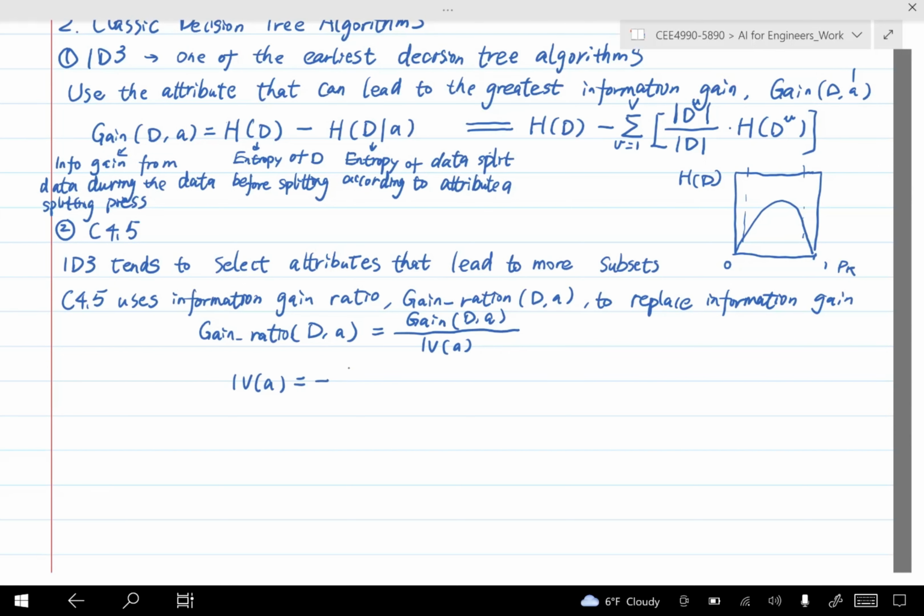It's a summation over all the subsets, from subset 1 to subset capital V. This parameter is calculated based on the numbers of samples in different subsets. Dv, the number of samples in the v-th subset, divided by D, the total number of samples in the data set before splitting, times log to the base 2 of Dv divided by D.